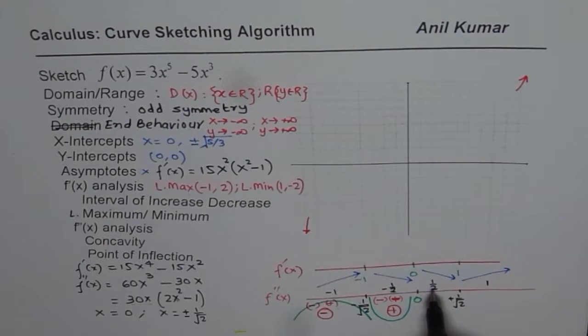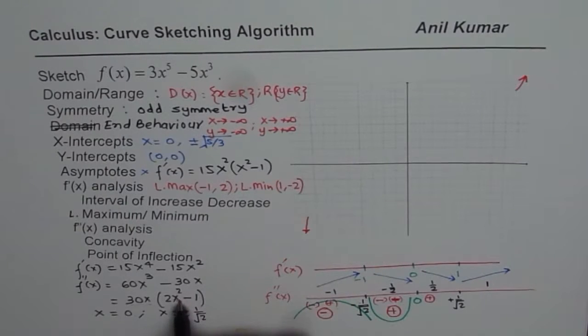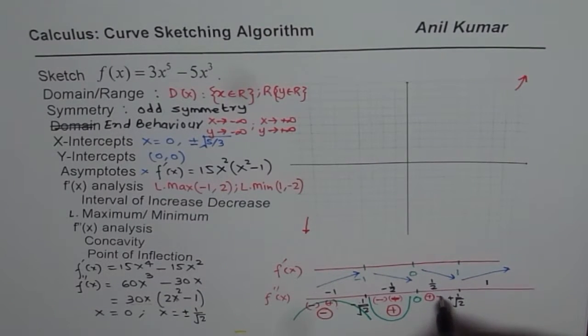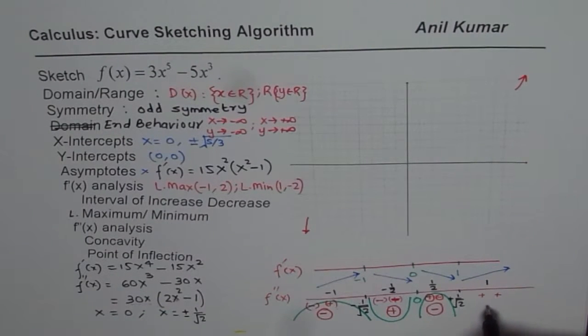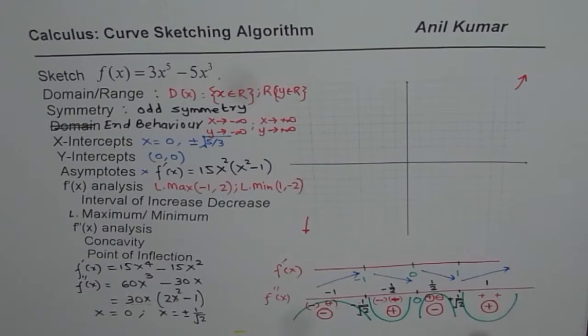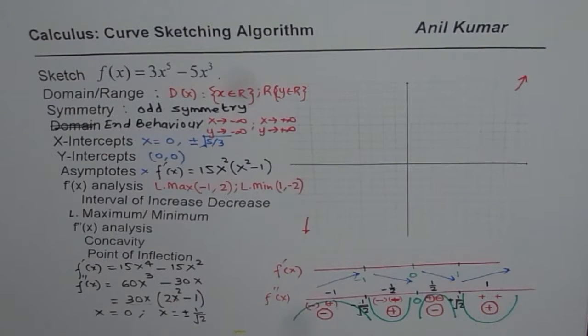Now if I substitute positive half, the first term is positive, the second term will be negative, and the product of these will give me negative, correct? Negative will mean concave down, right? If I substitute 1, which is positive, the first term is positive, and the second is also positive. Two positives when multiplied will result in a positive. That means concave up, right? So that is how the concavity is going to change.